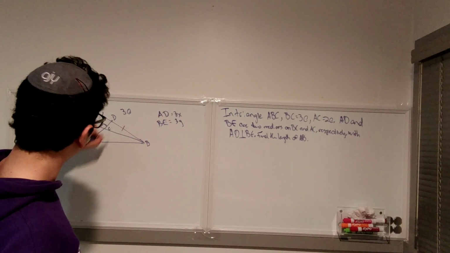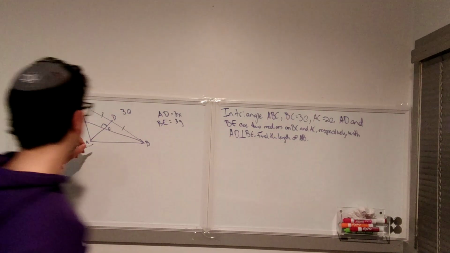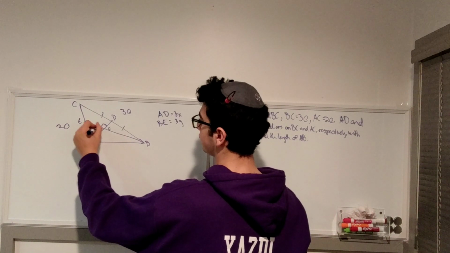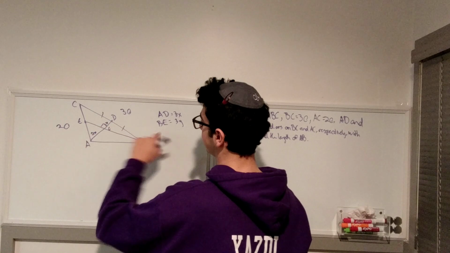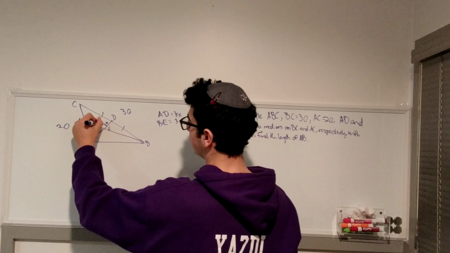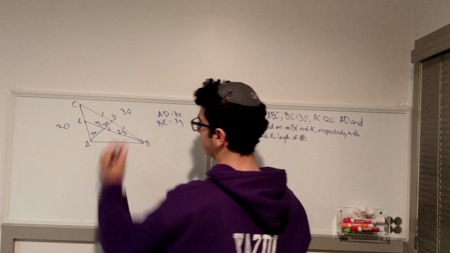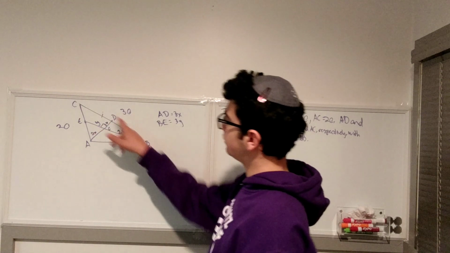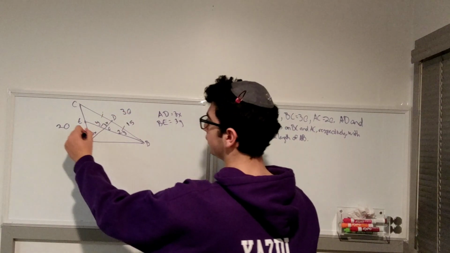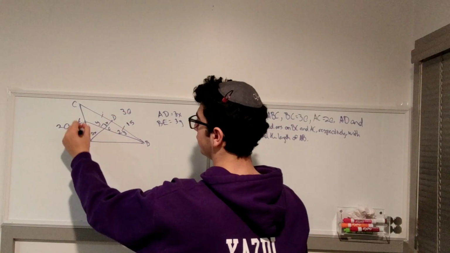I'll call this point G right over here. That would mean that from A to G, we would have 2x. Right here we'd have 1x, and then for BE, from B to G, we would have y, and over here we would have 2y. Since these are split into two, this right here is 15, and this right here is 10.